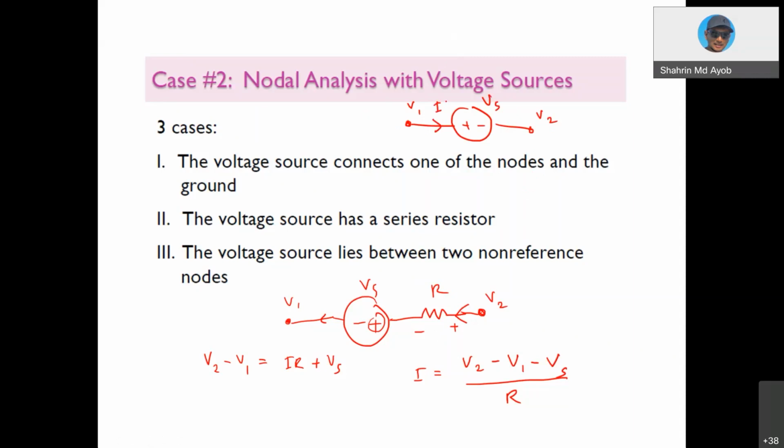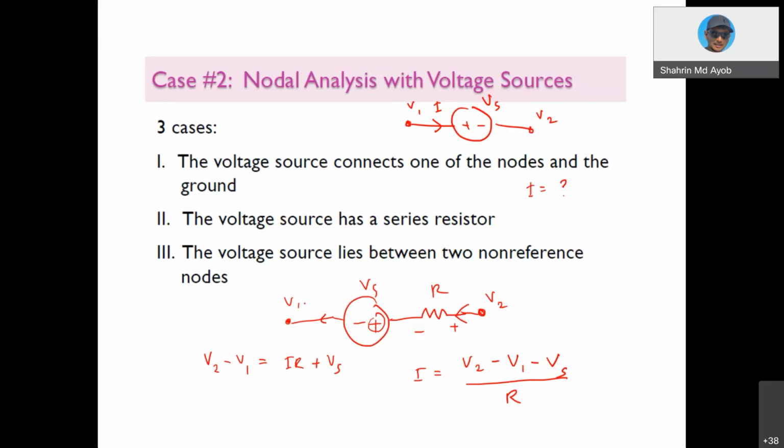We want to derive the branch current. In the third case here, you have a voltage source between V1 and V2, and there will be a current flow. We assume that the current flows from V1 to V2. So how can you derive the current equation?